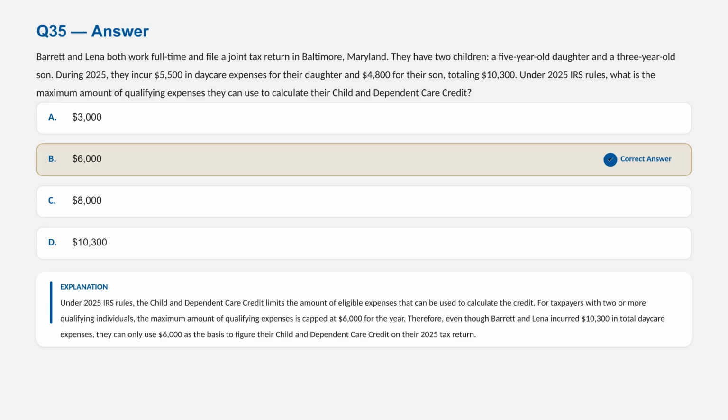Therefore, even though Barrett and Lena incurred $10,300 in total daycare expenses, they can only use $6,000 as the basis to figure their child and dependent care credit on their 2025 tax return. Great! Now let's move to our next question.